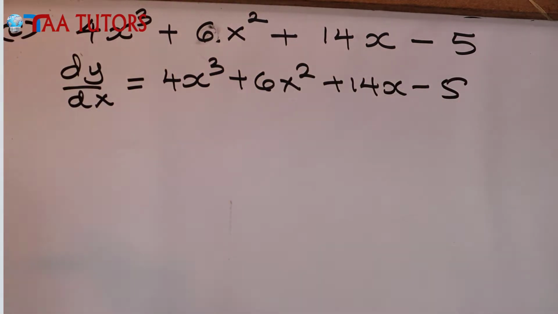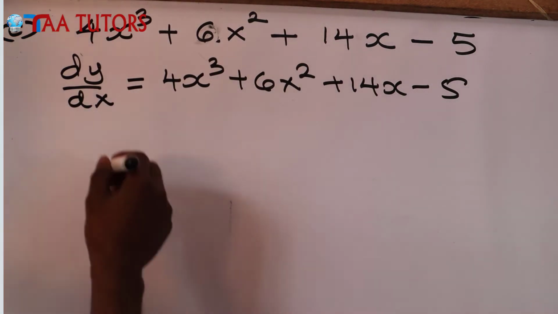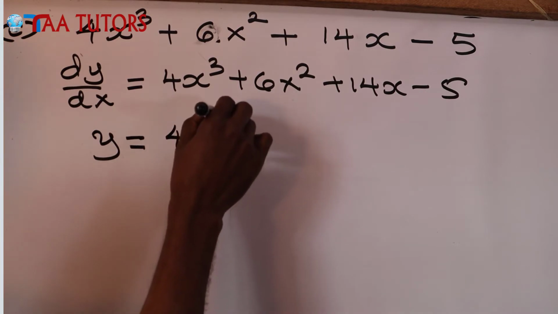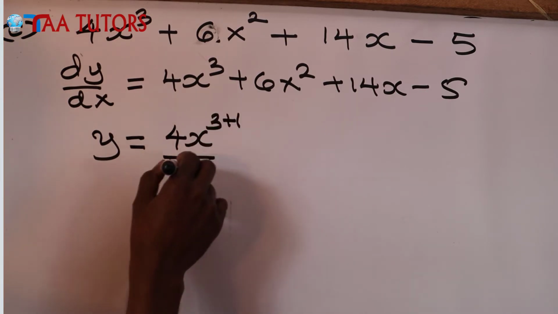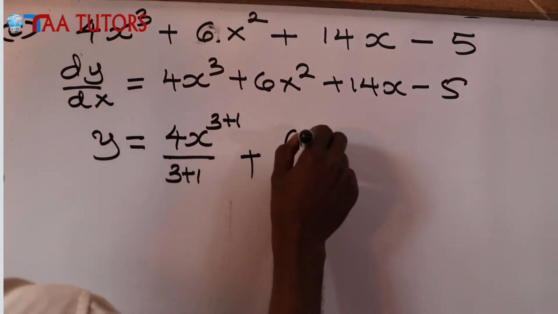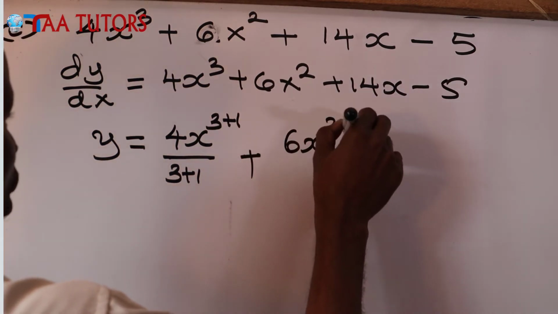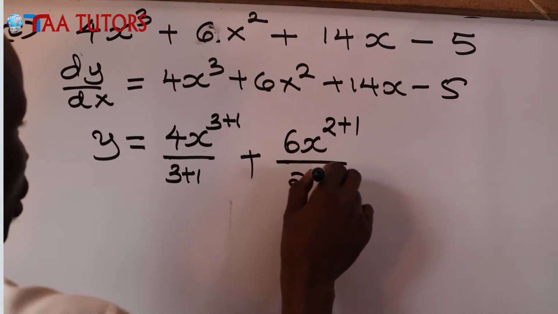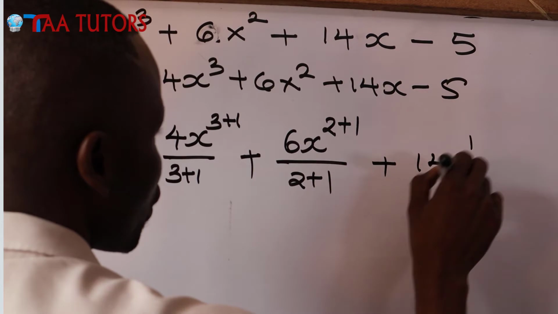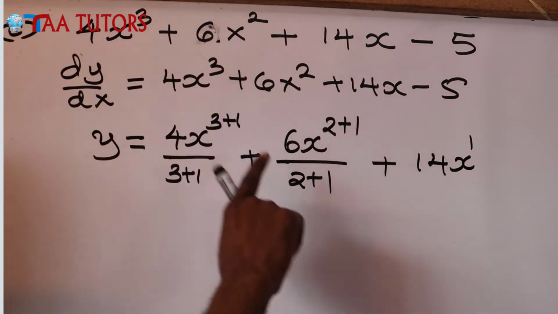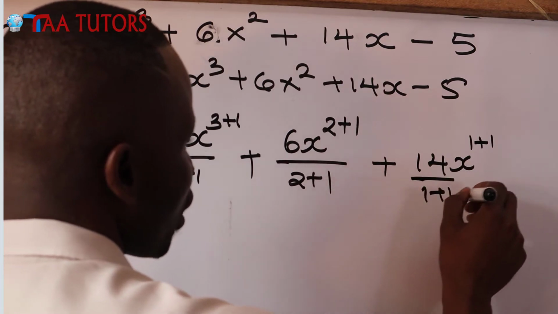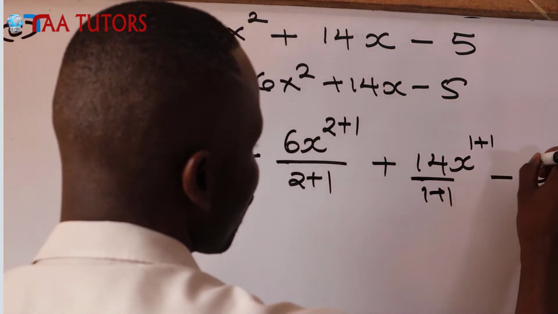Since we are going back to y, we say y equals 4x to the power 3, we add 1, then divide by 3 plus 1, plus 6x to the power 2 plus 1 divided by 2 plus 1, plus 14x, which is the same as 14x to the power 1, plus 1 over 1 plus 1, minus 5.